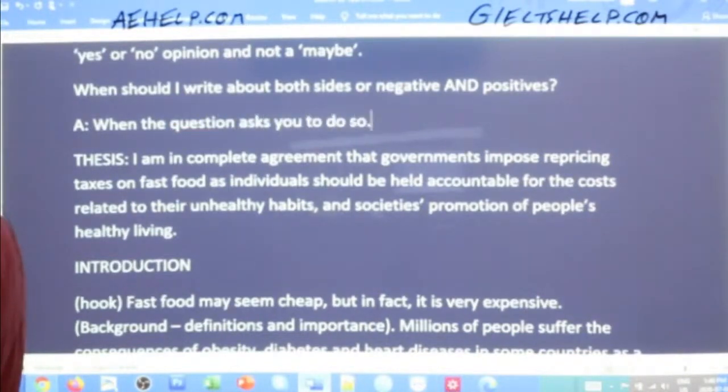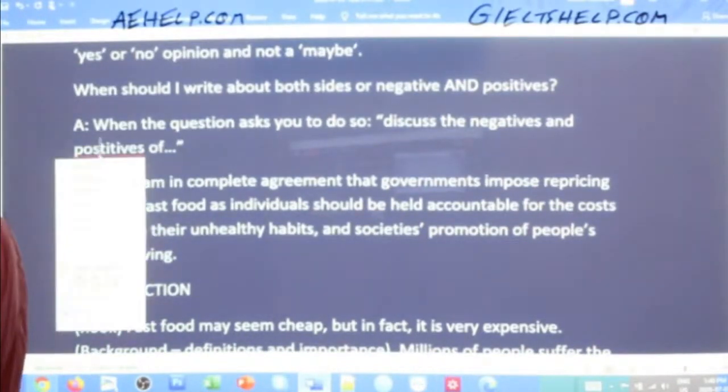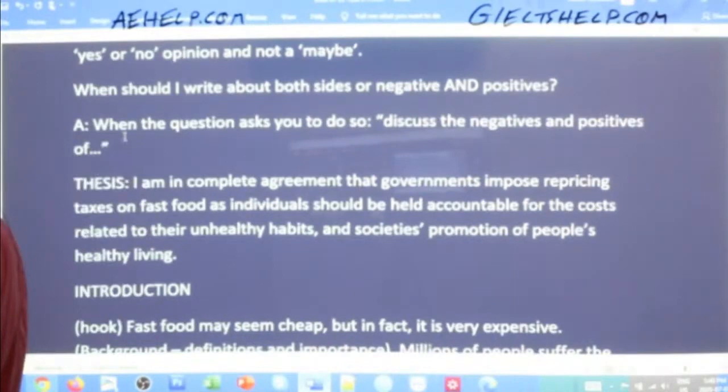Some IELTS questions will be like, discuss the negatives and positives of. Okay. If it's asking you for both sides, sometimes it'll actually say discuss both sides.